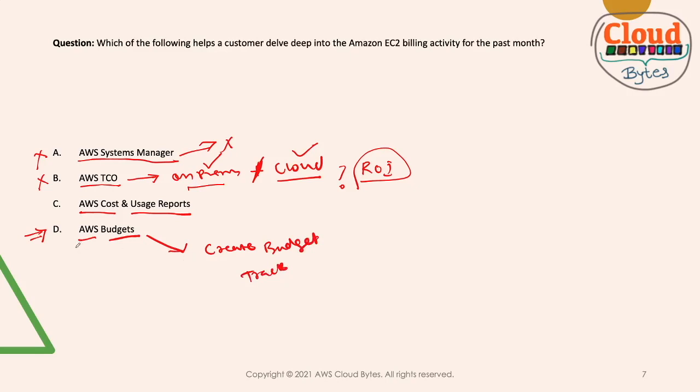Budget is very similar to, as the name suggests, you create a budget and if there is a forecast that goes beyond your budget, suppose you budgeted for $100 and the forecast is telling you it is going to go beyond $100, it can give you a notification, or if you track on the actuals, it can give you another notification saying you have gone past your budget.